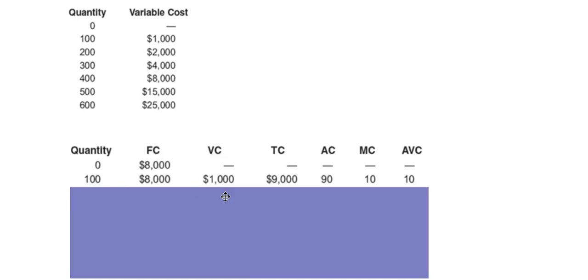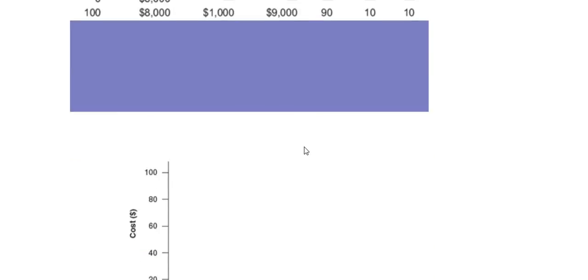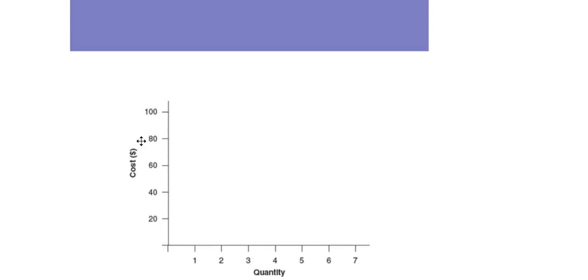And then you want to draw a graph with just the total cost curve on it, and you'll find that it's going to be a lot higher than these other costs. So it's going to have its own separate graph, because you're going to put the cost on the y-axis, the vertical axis.